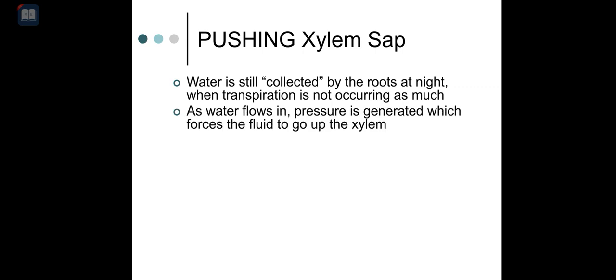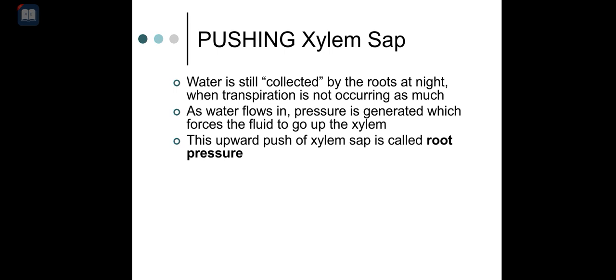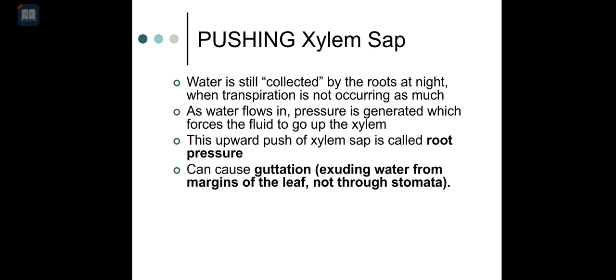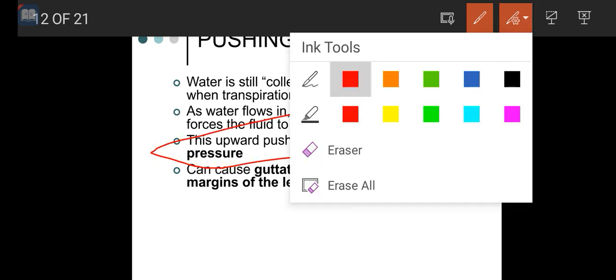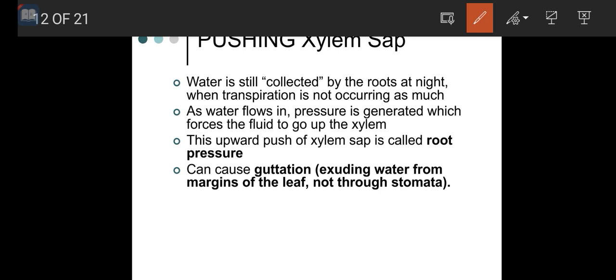As water flows in, pressure is generated which forces the fluid up the xylem, and this upward push of xylem sap is called root pressure. Minerals and water are upwardly transported by the root pressure.